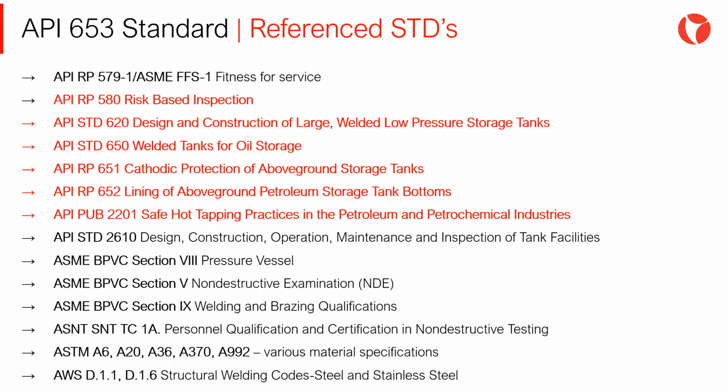They are API RP 580 Risk-Based Inspection, Standard 620 Design and Construction of Large Welded Low-Pressure Storage Tanks, Standard 650 Welded Tanks for Oil Storage, API RP 651 Cathodic Protection of Aboveground Storage Tanks, API RP 652 Lining of Aboveground Petroleum Storage Tank Bottoms, and API Publication 2201 Safe Hot Tapping Practices in the Petroleum and Petrochemical Industries.